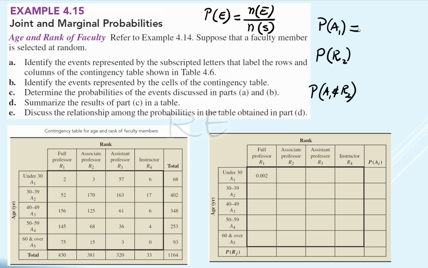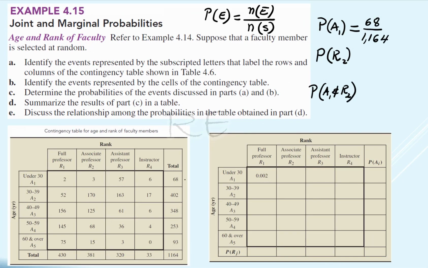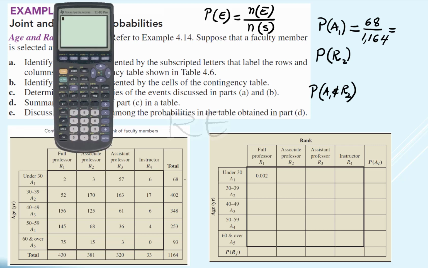Therefore, P of A1, the probability of under 30, will be the total 68, the total number of professors under 30, divided by the total, 1,164.